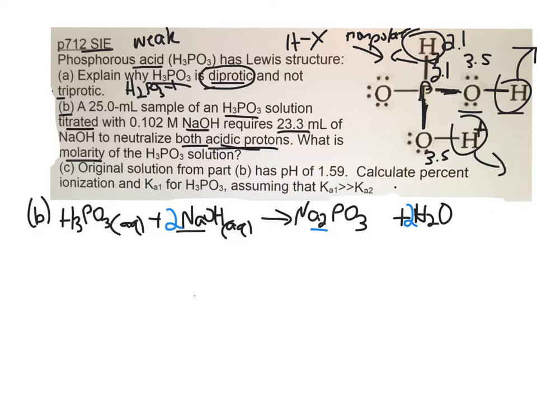Okay, so now it says, what is the molarity of the H3PO3 solution? So you know that the concentration of the base was 0.102 big M, and you know that it required 23.3 milliliters.